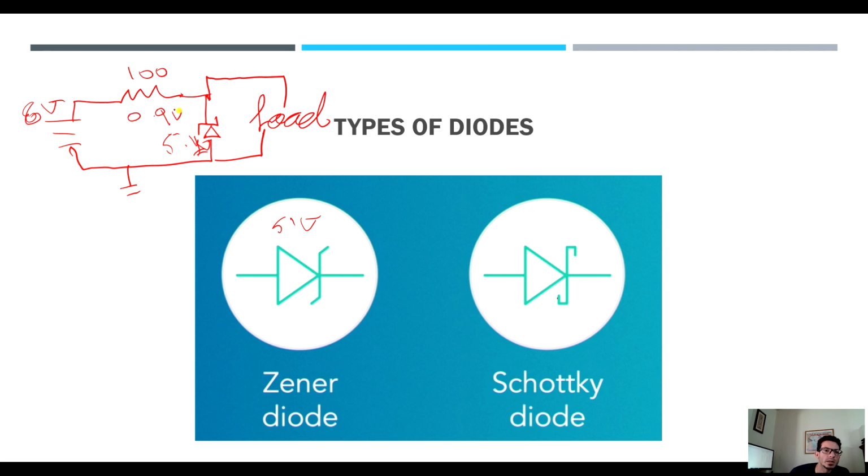So 0.9 volts are going through this upper side of the circuit, meaning that V equals IR from Ohm's law, only a current of 90 milliamps will flow through this upper side of the circuit to the load. So this particular setup using the Zener diode will protect the current going into, or will restrict the current going into your controller or your particular load.